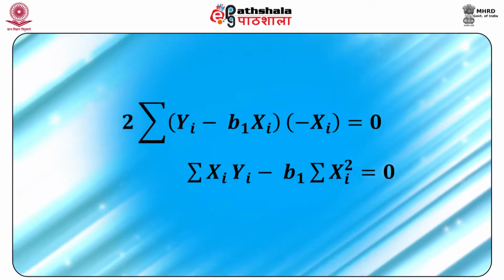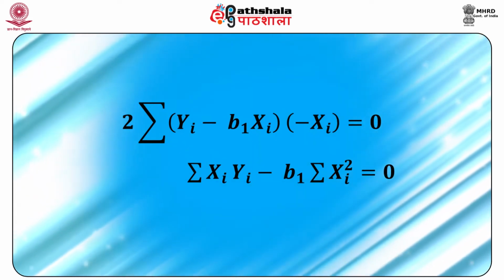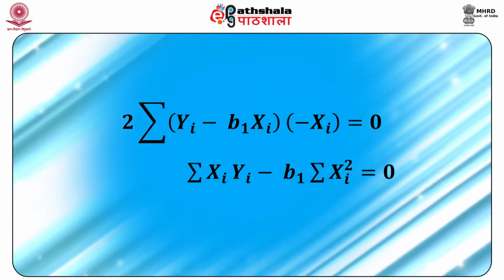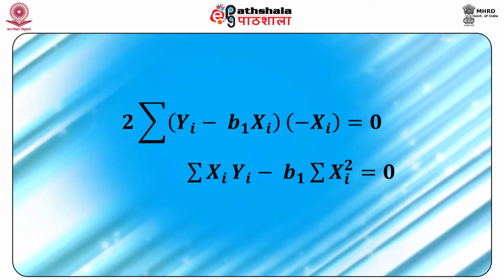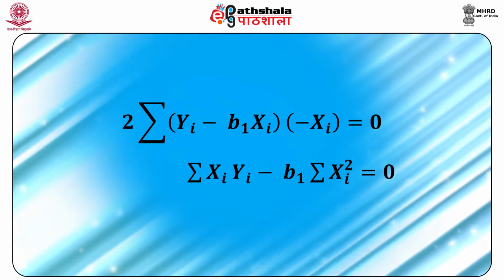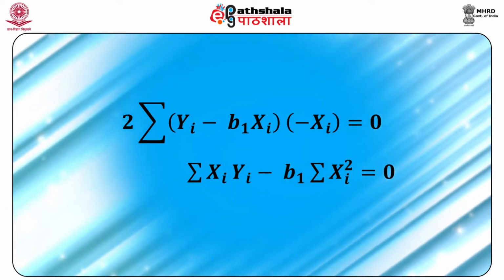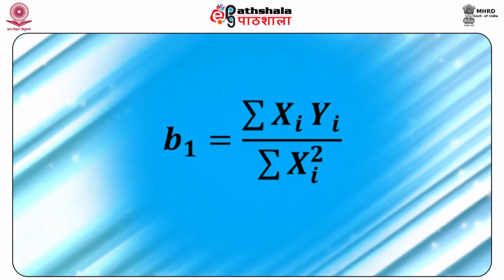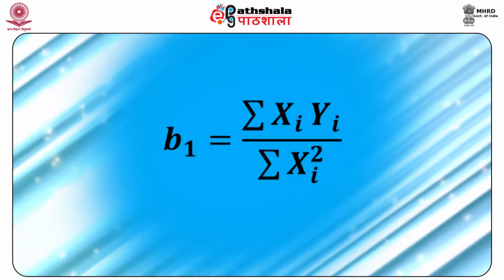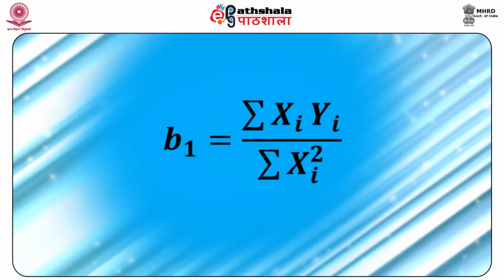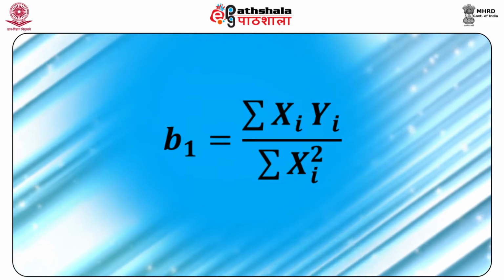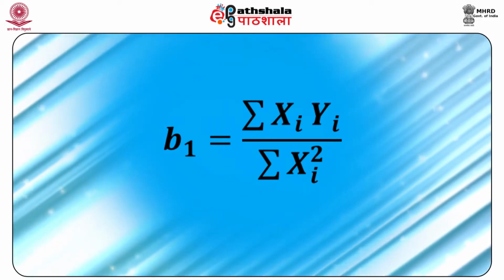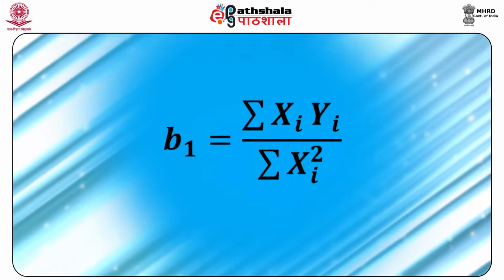Now equating the above equation to 0, we get twice sigma (Yi minus b1 Xi) into minus Xi equal to 0, or we get sigma Xi Yi minus b1 into sigma Xi square is equal to 0, leading us to b1 equal to sigma Xi Yi upon sigma Xi square. Now this is our estimate of the beta 1 coefficient in the linear regression model through the origin.